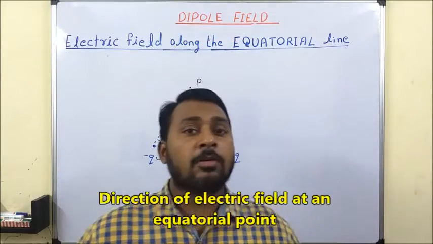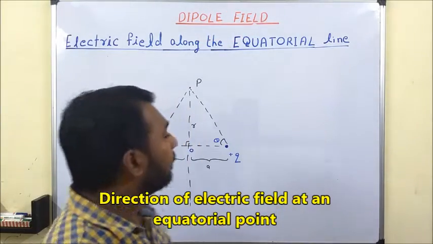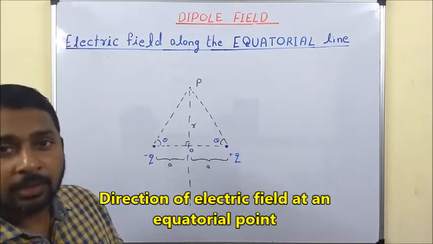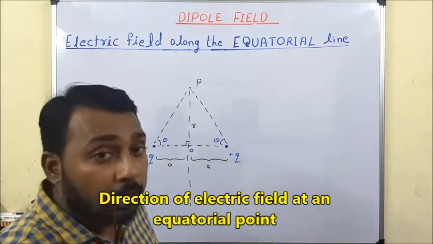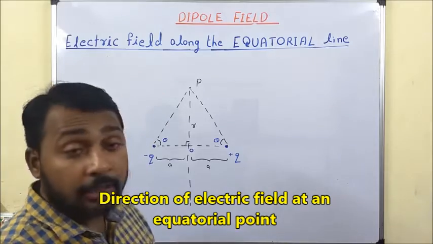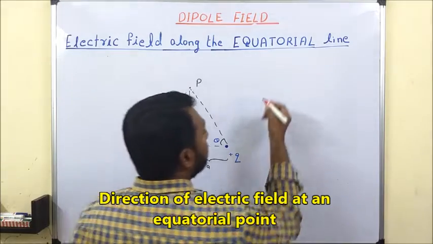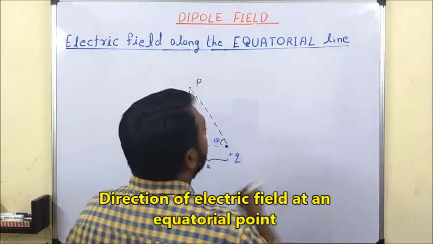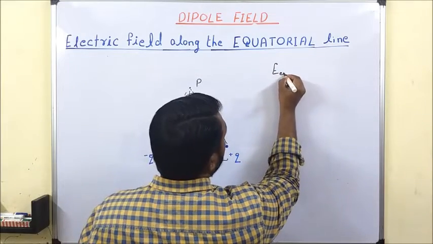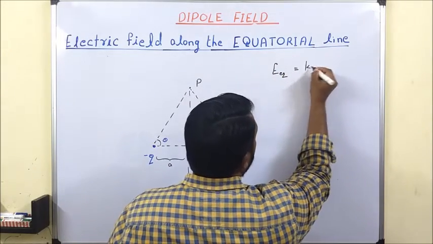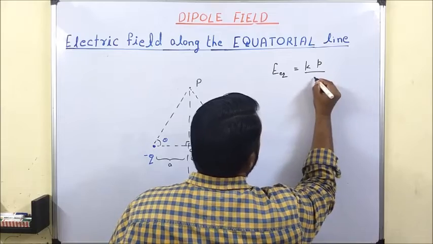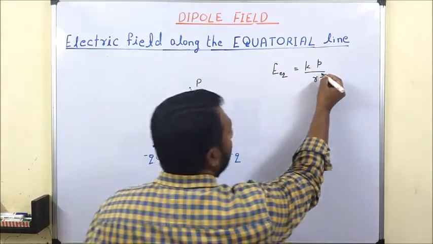Now, the direction of the electric field at any point on the equatorial line. Okay, so we have derived the formula for the electric field along the equatorial line, that is E equatorial is equal to Kp divided by R cube. Clear?